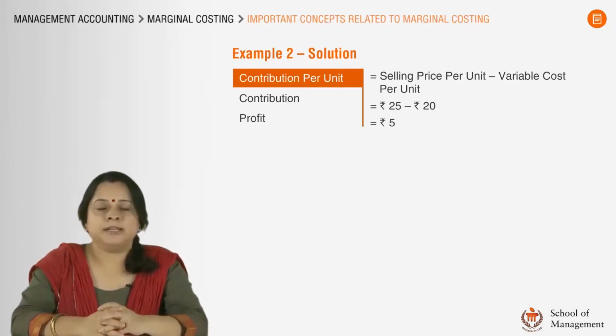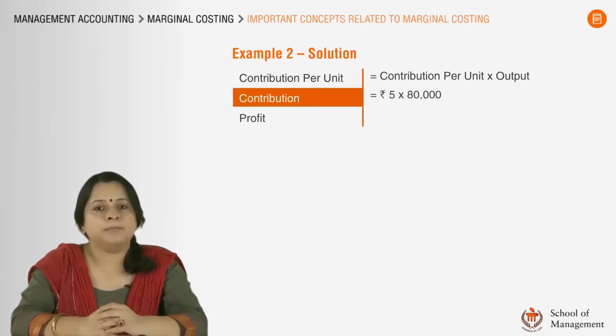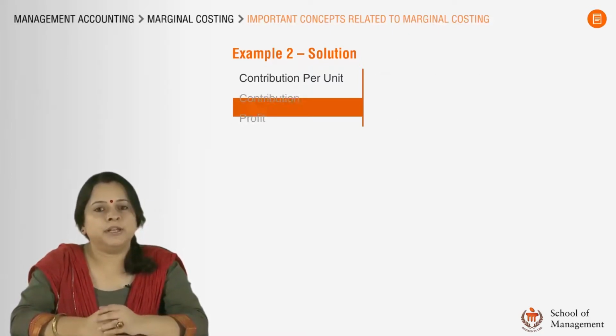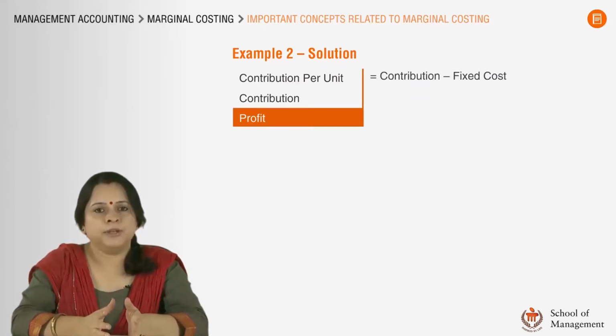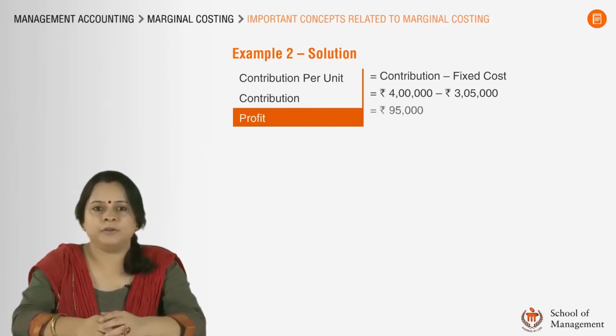The problem states that the volume of production or output is 80,000 units. Therefore, total contribution earned by the company is 5 rupees multiplied by 80,000 units or 4 lakh rupees. We also know that profit is the difference between total contribution and fixed cost, which is 4 lakh rupees minus 3,05,000 or 95,000 rupees. Hence, contribution and profit earned are 4 lakhs and 95,000 rupees respectively.